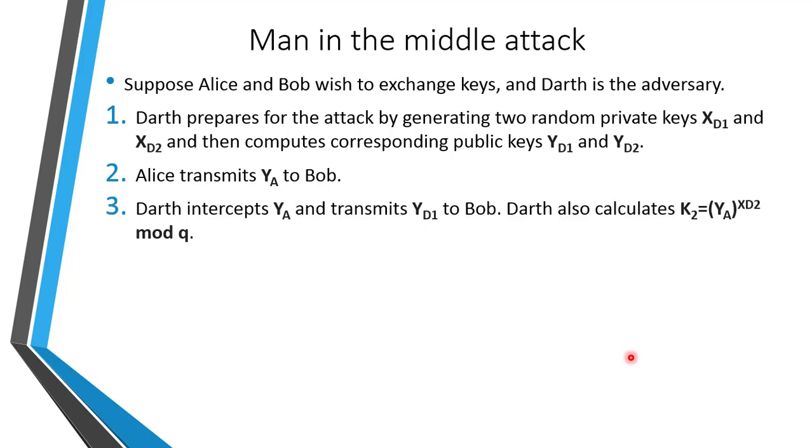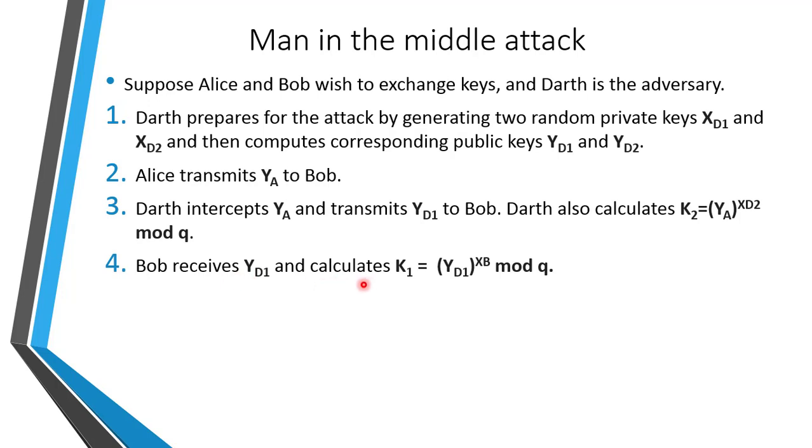So ya is caught by Darth, and Darth transmits yd1 to Bob instead of ya, and then calculates the key k2 equal to ya, the public key of Alice, raised to the private key of Darth xd2 mod q. Then Bob receives yd1 and calculates k1 equal to yd1 raised to xb mod q.